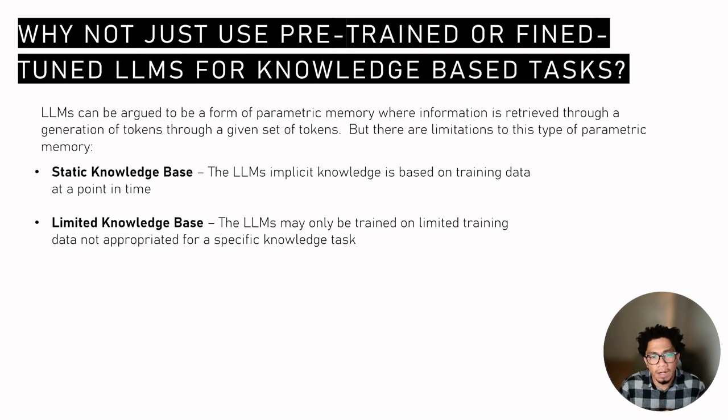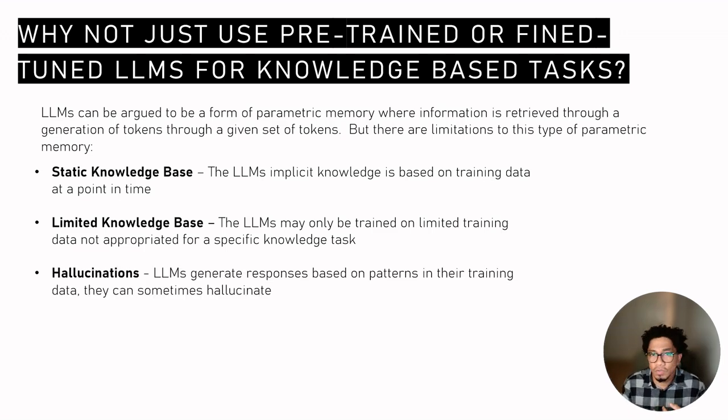So LLMs may only be trained on limited training data that is not necessarily appropriate for your own specific knowledge task. So what do I mean by this? An LLM could be trained on, let's just say, a Wikipedia database, right? But that Wikipedia database may not necessarily contain sufficient data for some specialist or specific knowledge task, that you might probably find elsewhere that is not in the Wikipedia database, as an example.